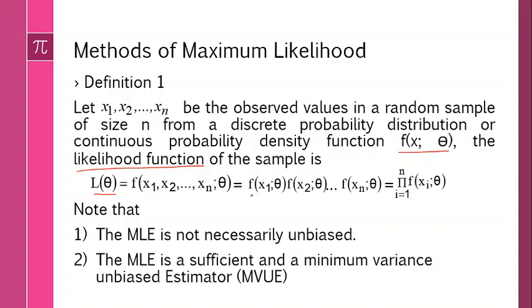This is equivalent to f of x1 with parameter θ times f of x2 with parameter θ until f of xn with parameter θ, which is the multiplication of f of xi with parameter θ, where i is from 1 until n, because they are independent.